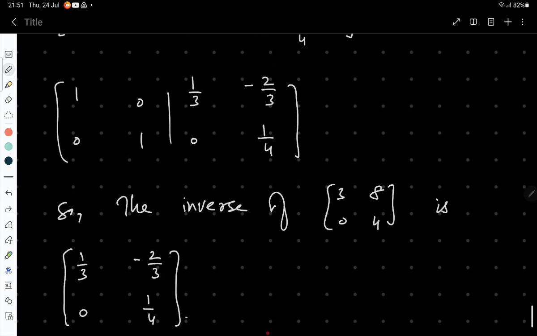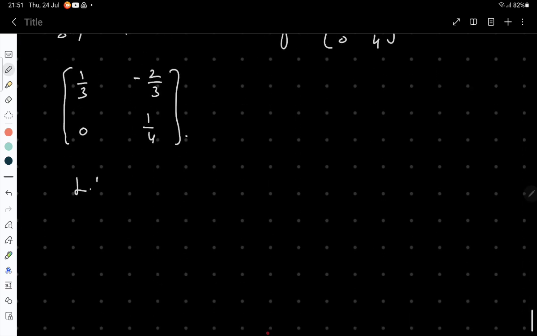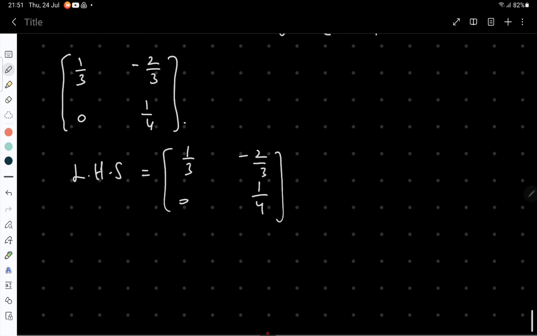So the inverse of this matrix is this matrix. Okay, so the result of the left hand side is actually 1 by 3 minus 2 by 3, 0, 1 by 4. This is the left hand side.